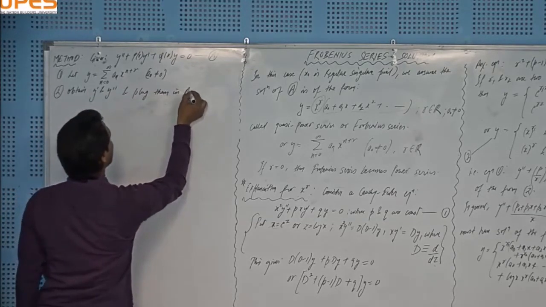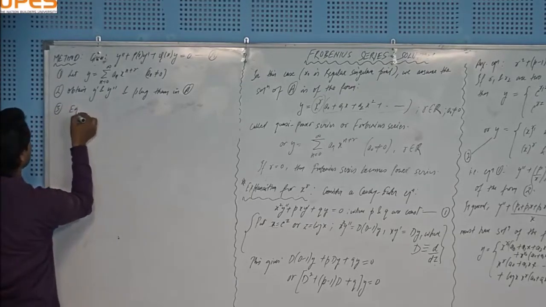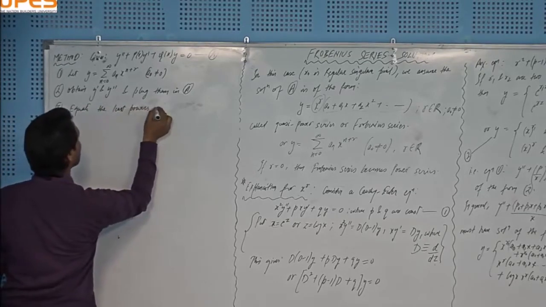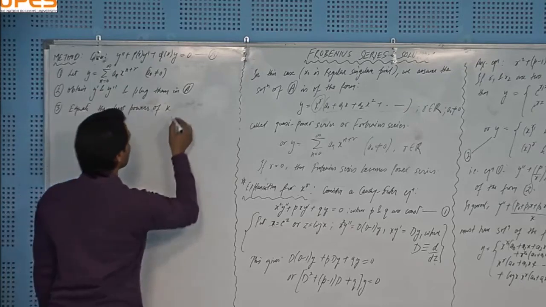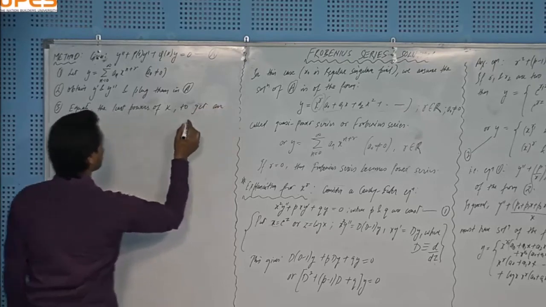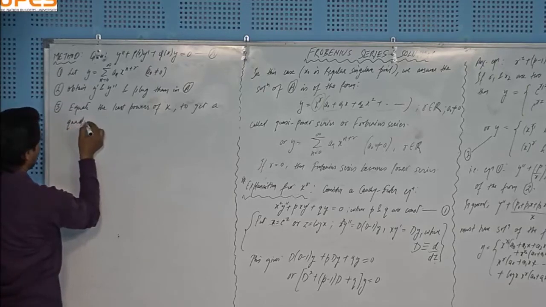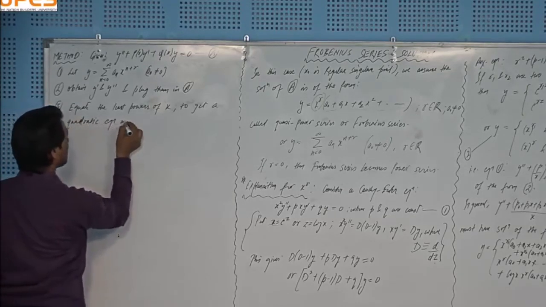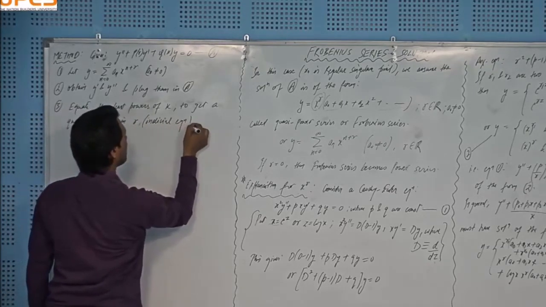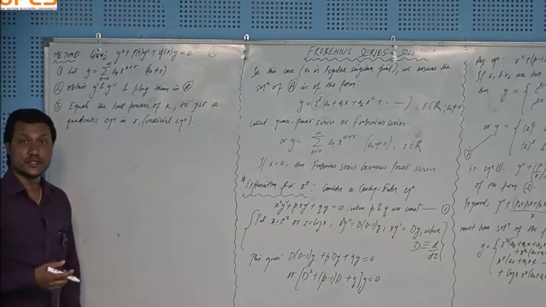Third step, I will equate the least powers of x on both sides, right, to get a quadratic equation in r. It is called the Indicial Equation, right? So the steps are pretty similar to that power series solution method.